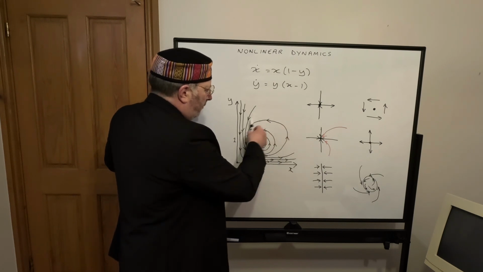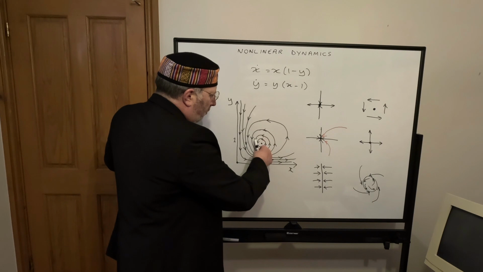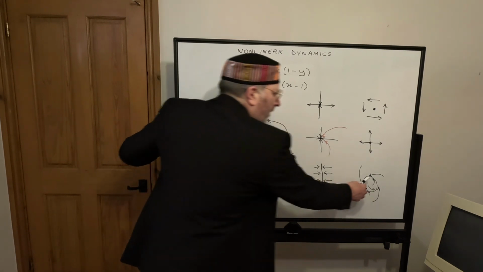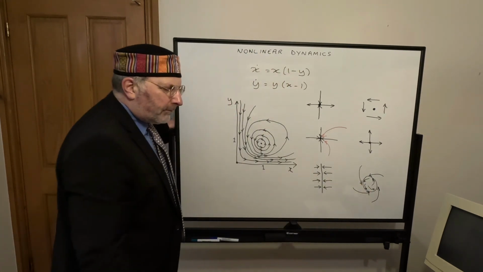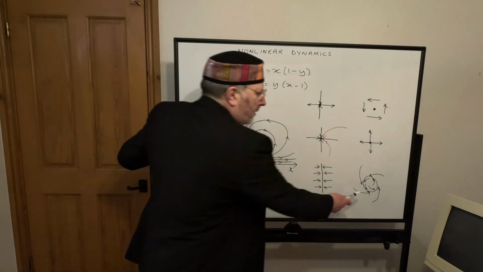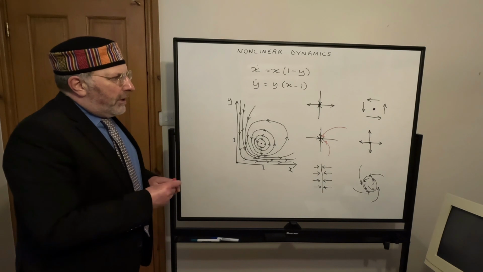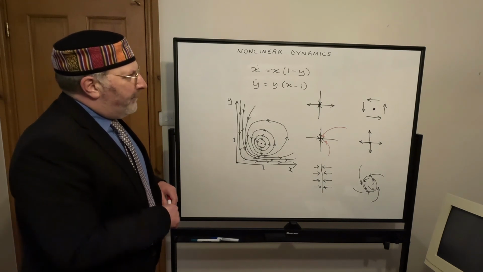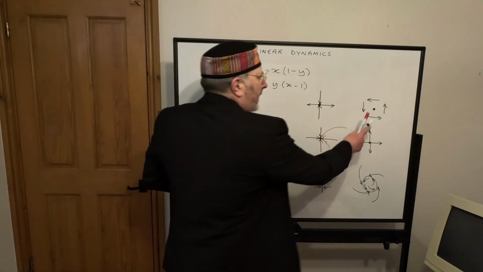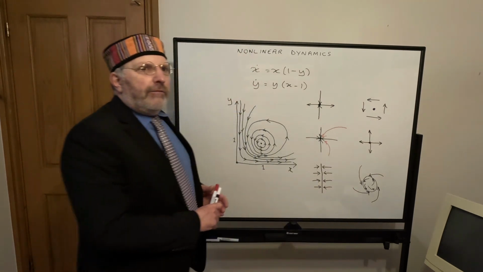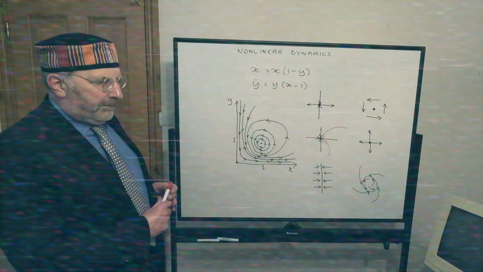So if you're out here, you don't go on this cycle, you'll be sucked into this limit cycle. So that's another kind of behavior we can get when we go to a two-dimensional phase space. And the key addition here is the possibility of cycles, oscillations.